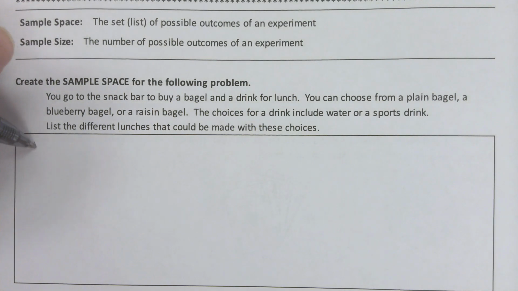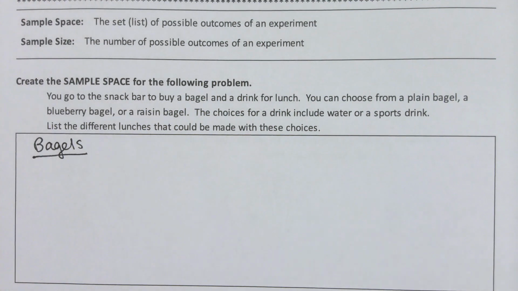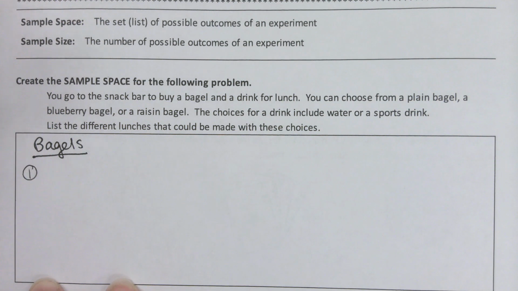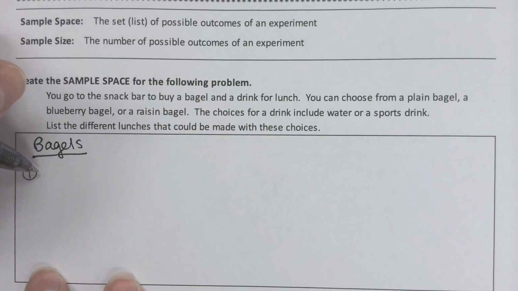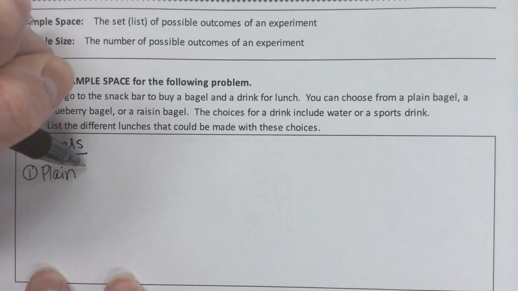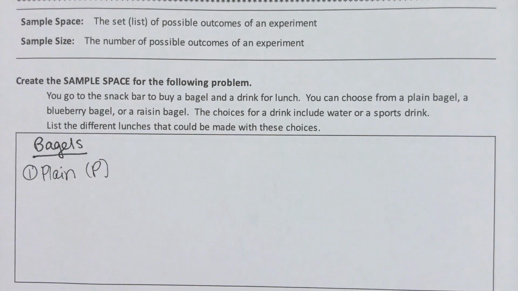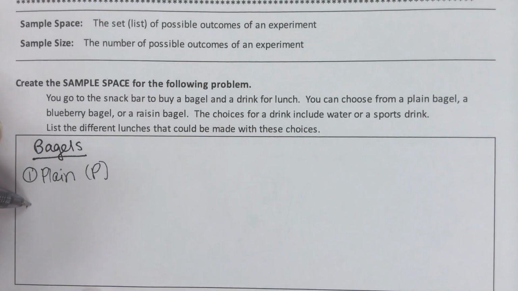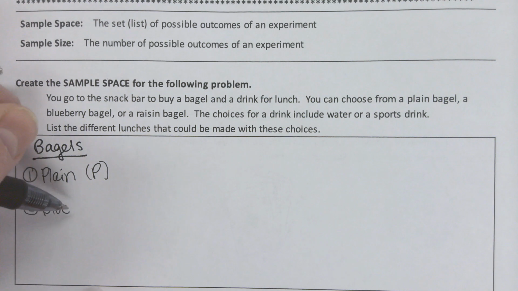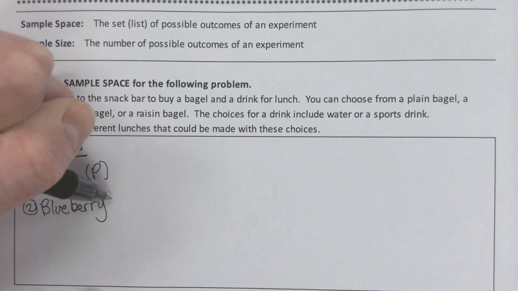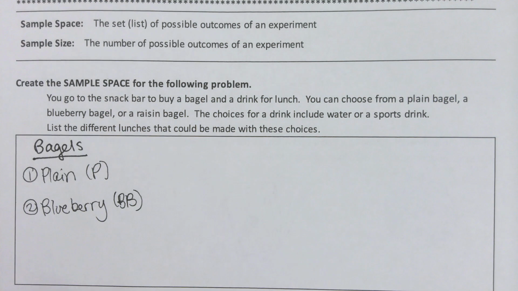Let's start with our bagel options. First bagel option is the plain bagel. And I'll be writing that out again when I do it next time. It'll just be a P. Blueberry bagel, and I'm going to use BB for short.